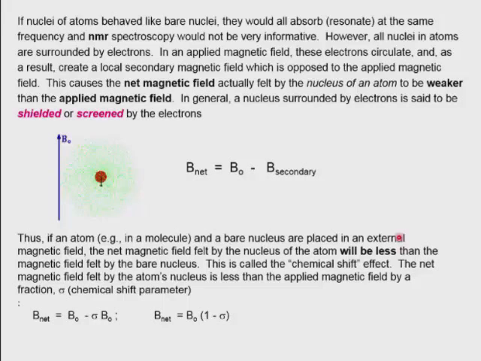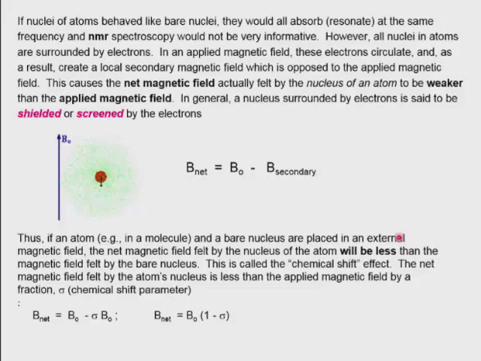Now the result is this. It causes the net magnetic field that's experienced by the nucleus to be weaker than the applied magnetic field. You see, the secondary magnetic field of the circulating electrons subtracts from the applied magnetic field, producing a smaller magnetic field that's experienced by the spinning nucleus.